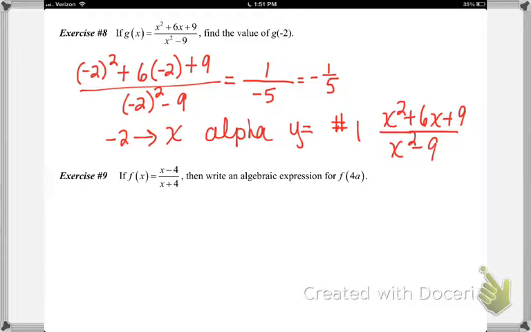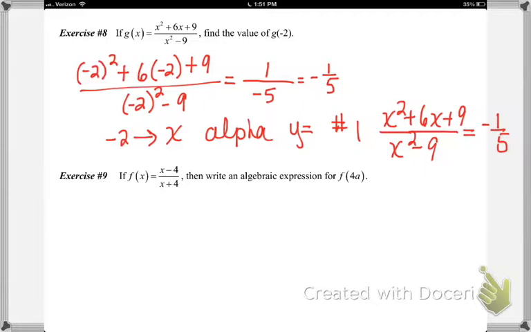When you figure it out, you'll get negative 1/5. So using store was significantly easier, and it's a perfectly acceptable way to do this.